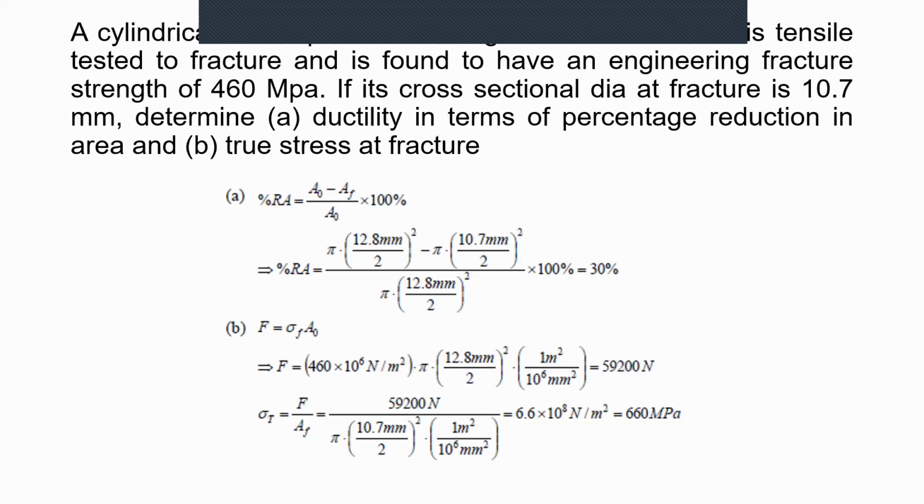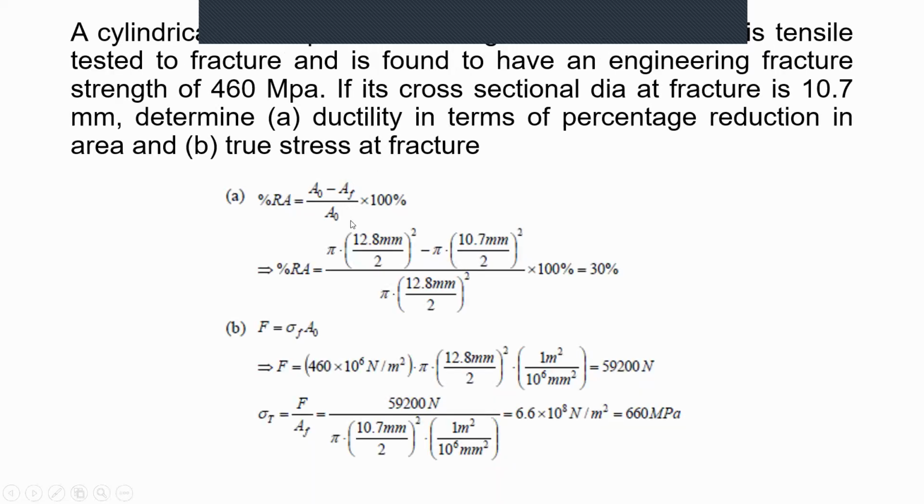You have to find the percentage as the ratio of the reduction in area, delta A, which is given by the initial area minus the final area, and then you take that in terms of the original area.